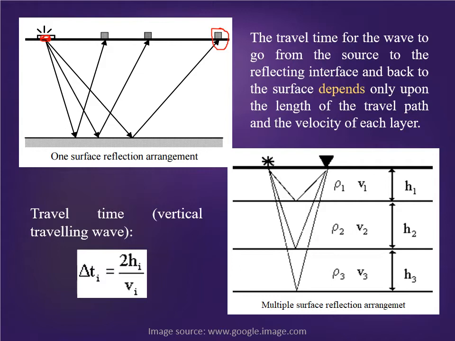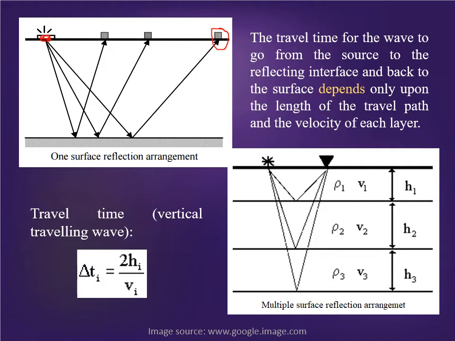So if I try to find the depth of this interface, this depth is related to the time taken by the wave to go from the source to the interface and be reflected back to the receptor, and the velocity of the wave.